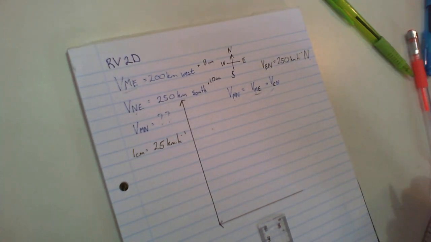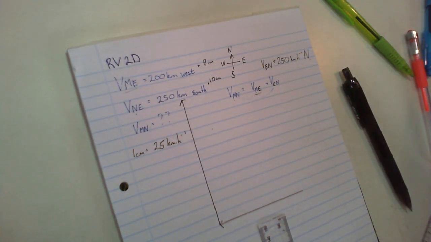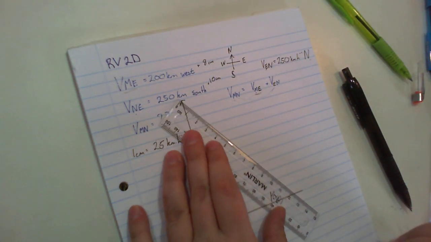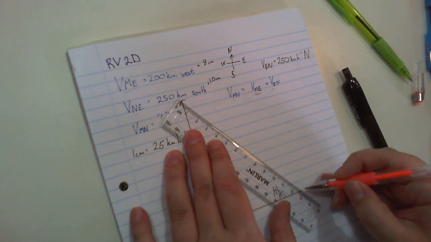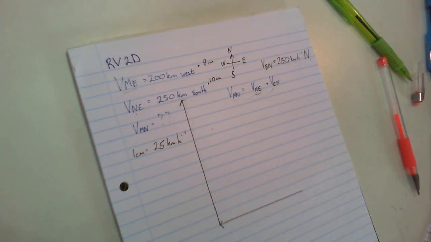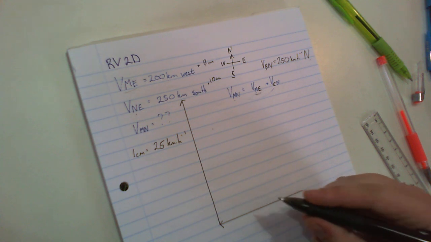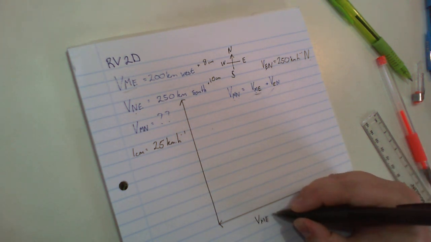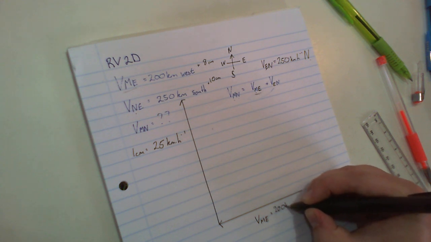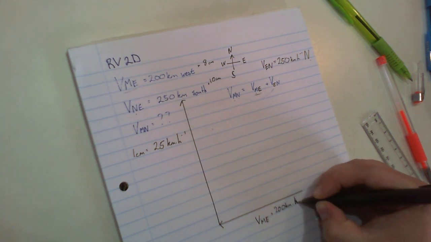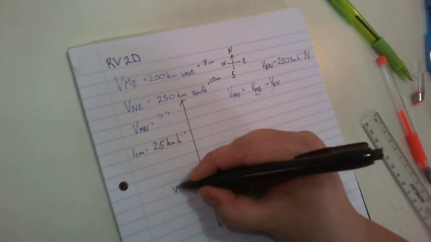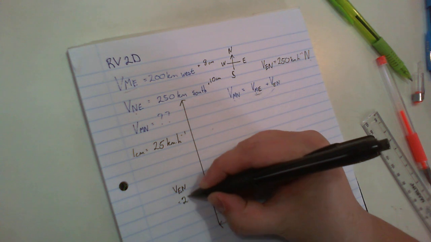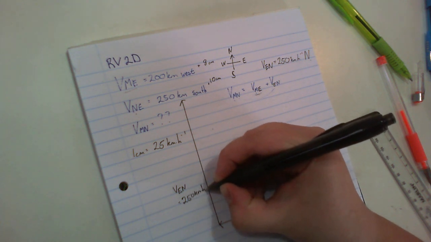Okay, so we've got our two vectors. What do we do? Easy peasy. We just join them with our pencil. What do we do? We label. So this is velocity of M relative to E, which is 200 kilometers per hour. And this is velocity of E relative to N, which is 250 kilometers per hour.